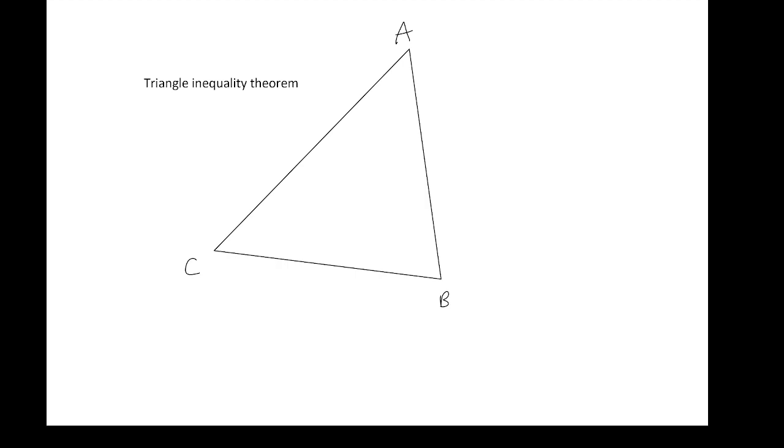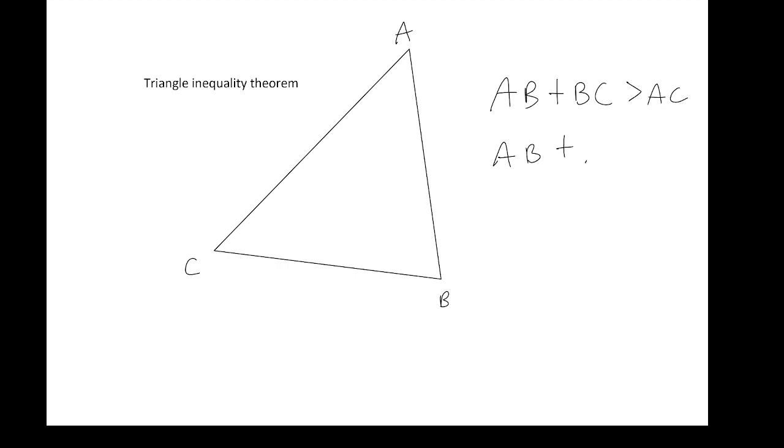So the sum of those two sides, for example AB and BC, has to be greater than the third side. That 3 plus the 1 has to be bigger than the 4. It can never be less than that, because you're going to have this overlap.